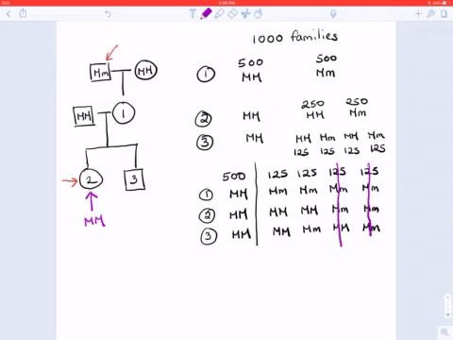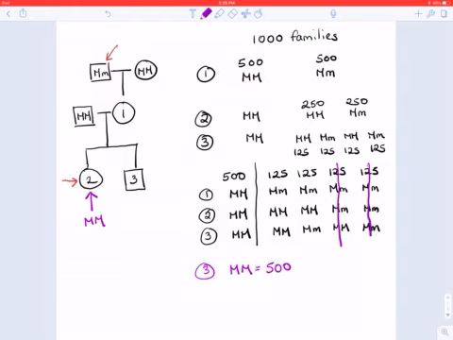And so now we can look at these families, and remember the question is, what is the probability for the genotypes of individual 3? And we see that of the remaining cases, 500 times, we have 500 families that are all capital M, capital M. So in those cases, individual 3 is capital M, capital M. So that's 500.